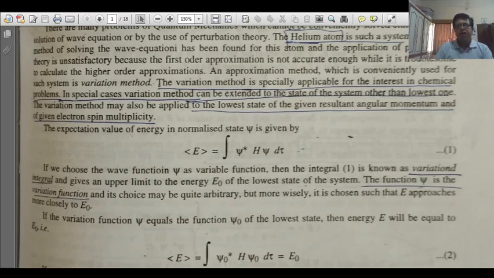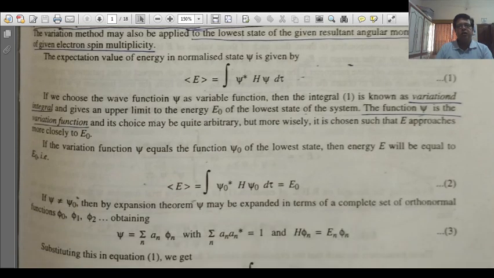The variation method may also be applied to the lowest state of a given resultant angular momentum and for a given electron spin multiplicity. So now let us start the variation method.